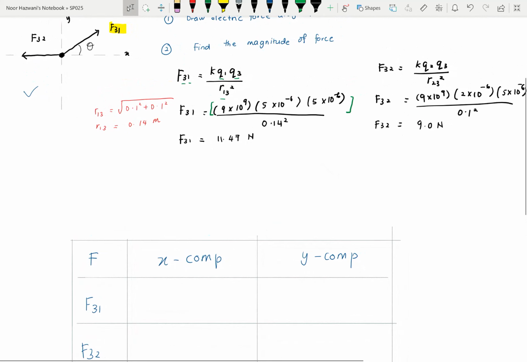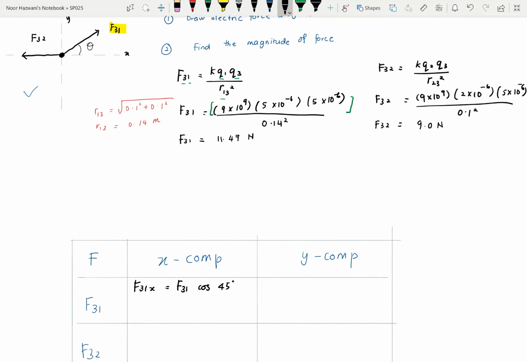Okay, referring your electric force diagram here, you punya F31, untuk cari F31x, F31x equals to F31 cos 45.